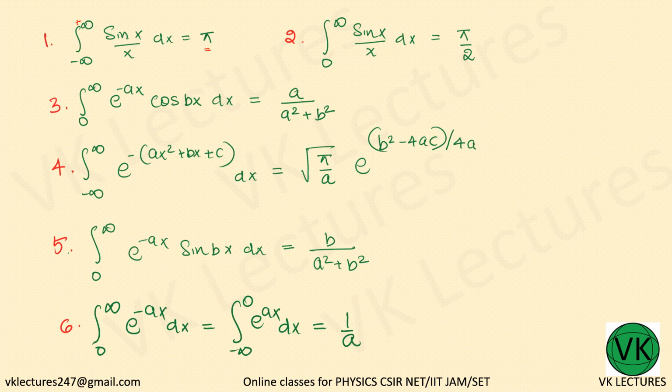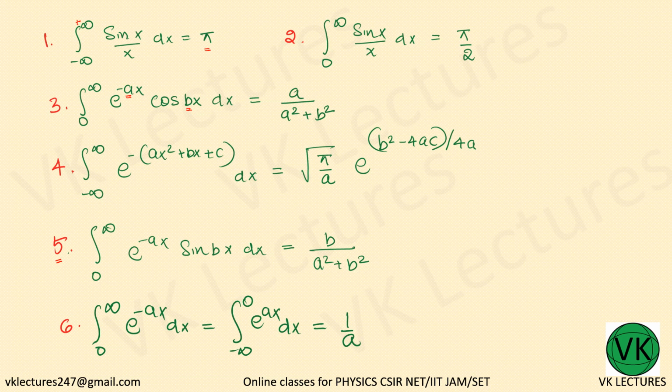Then we have the integral from 0 to infinity of e to the power minus ax times cos bx dx. So it becomes a divided by a square plus b square. So this is a and this is b, a by a square plus b square. Now let's see the integral from 0 to infinity of e to the power minus ax times sin bx dx.